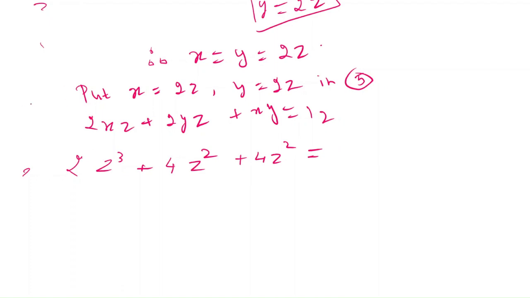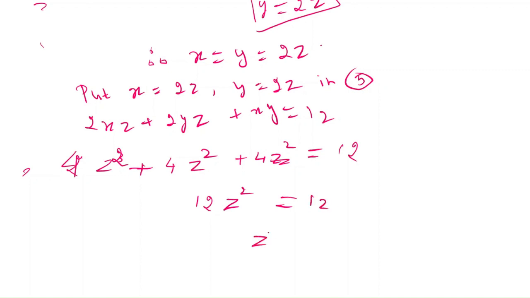Adding these three, 12z square is equal to 12.